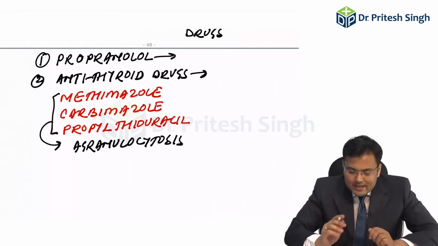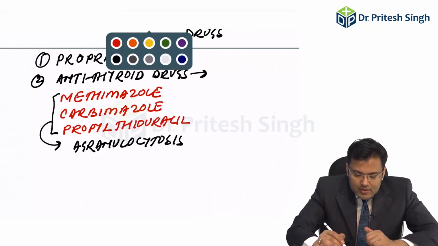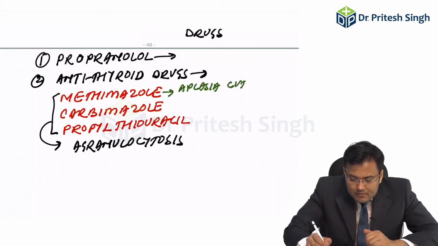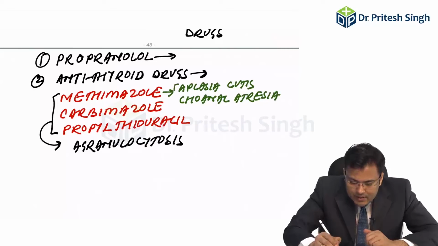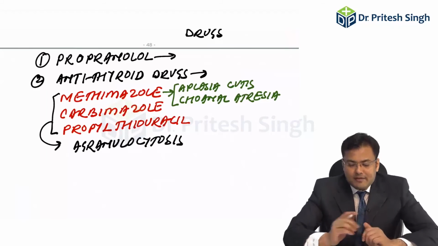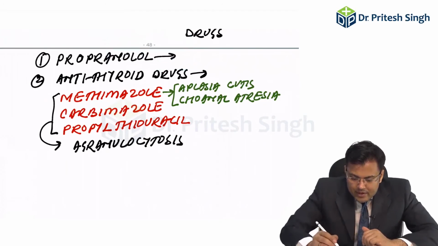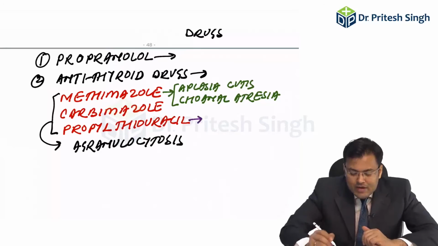This is one. Second, methimazole increases the risk of aplasia cutis and choanal atresia. So this methimazole increases the risk of aplasia cutis and choanal atresia. What is the problem with propylthiouracil?